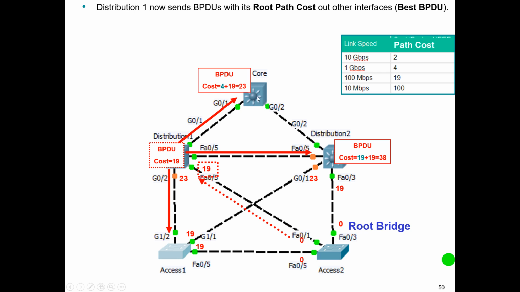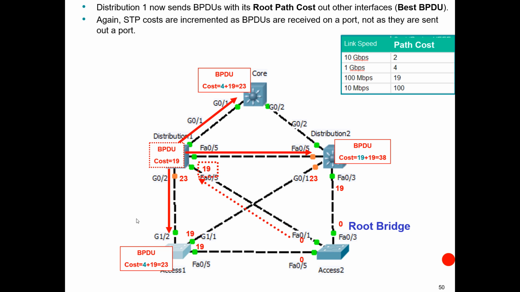Here it's a gigabit, so 19 plus 4 is 23. Here's a 100 megabit connection, so again 19 plus 19. This pathway will be 38, and this way we'll also have a path cost of 4 plus an additional 19. So this one will be 23.